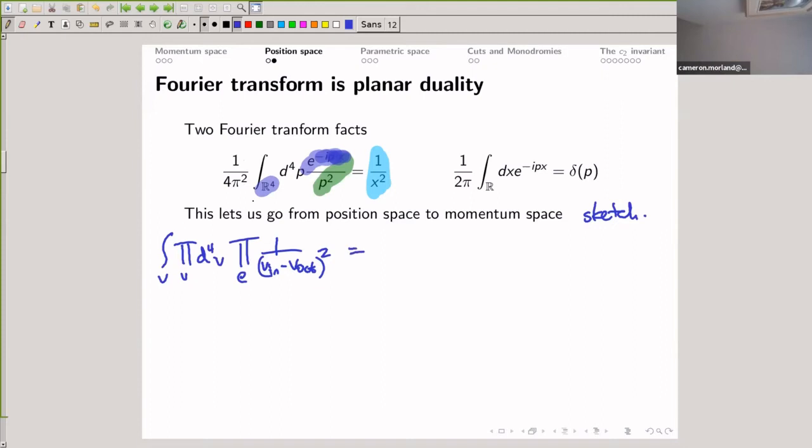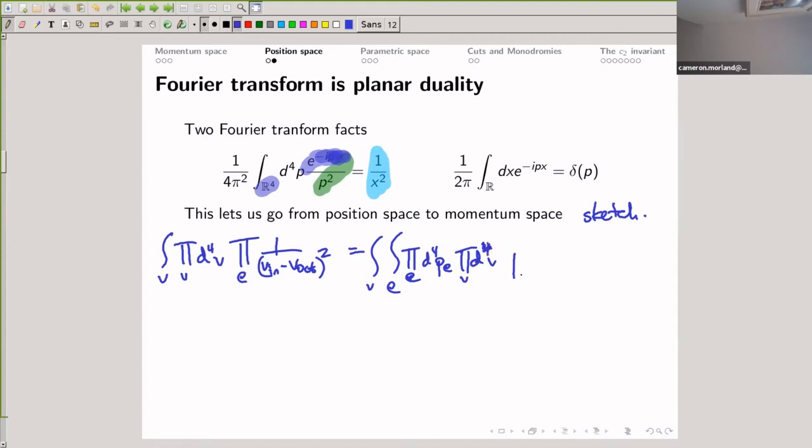Now if we use the Fourier transform in there, then that artificially introduces more integrals over the edges. So I get a new momentum variable p for each edge, which I'll call PE. And then I still have the d4v.